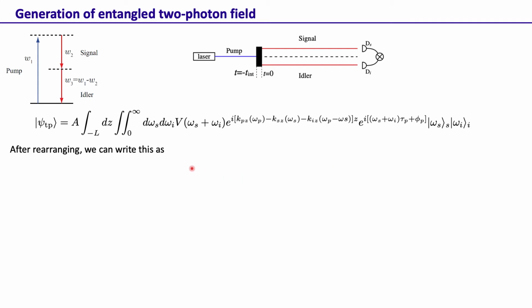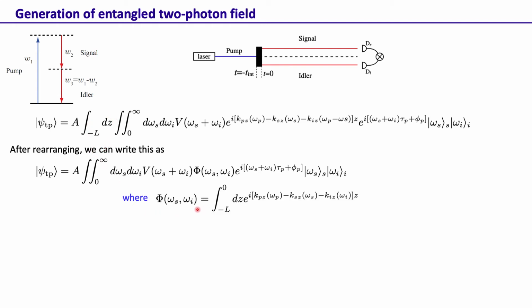Now let's rearrange it, and then we can write this as this. This is now just a double integral, and this integral over z, that is the length of the crystal, we are just writing as this phi, and this phi is called the phase matching function. This term is z dependent, and so this just comes over here.